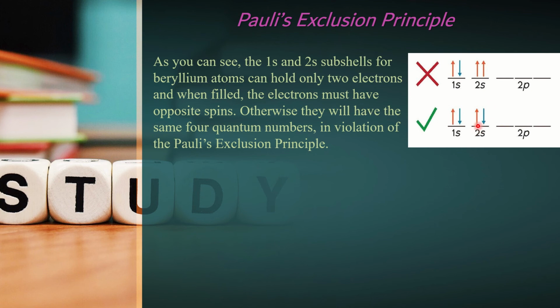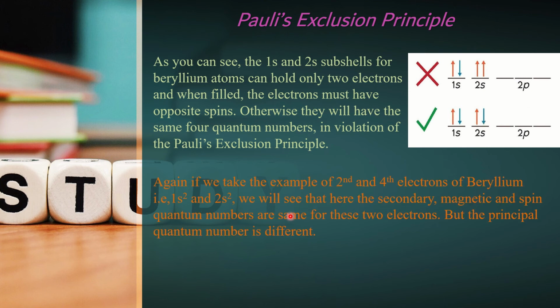2s2 and 2s1. These 2 electrons have opposite direction. Again, if we take the example of the second and fourth electrons of beryllium, that means the 1s2 electron and the 2s2 electron, then we will see that their spin quantum number is the same, both are downward.